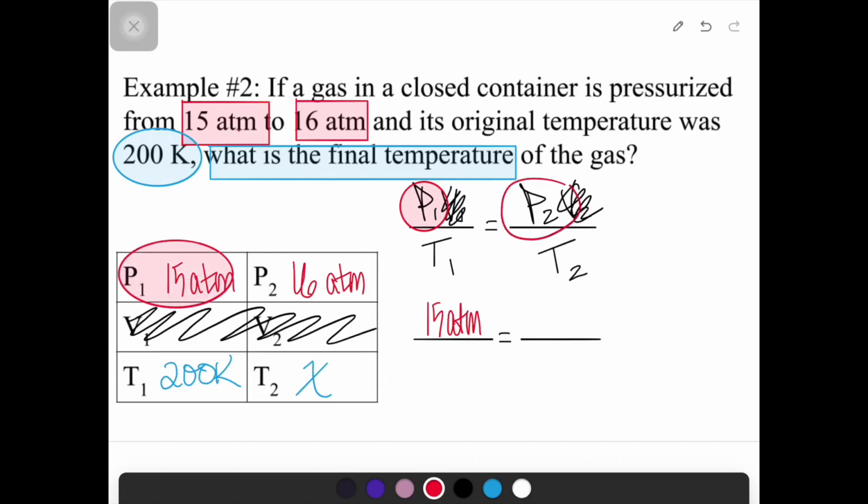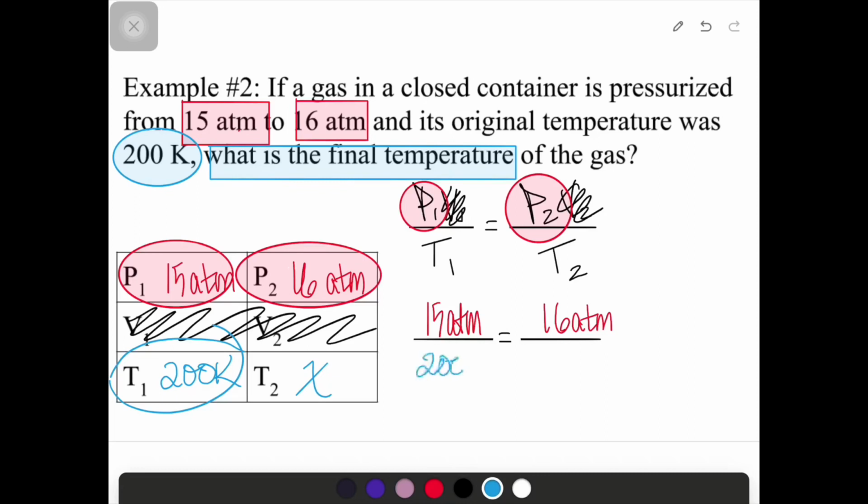P2 is going to be 16 atmospheres. Okay, temperature 1 is going to be 200 Kelvin. And my X is going to go down here for T2.